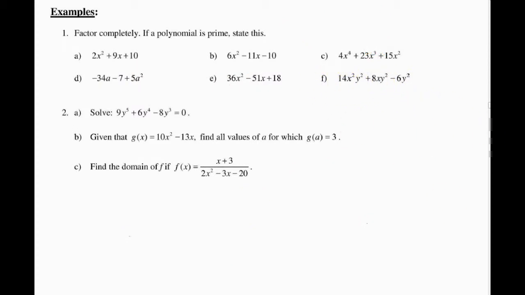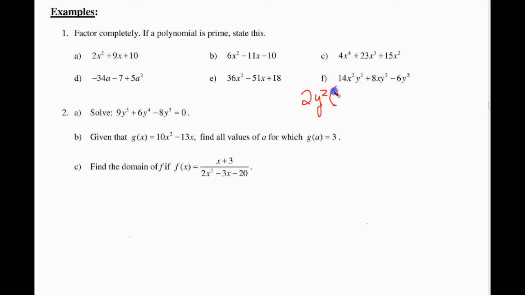Now as I look here, I see we can take a 2 out of every term. Let's put it over here, 2. And I could also take an x too. An x or y squared. So 2y squared.